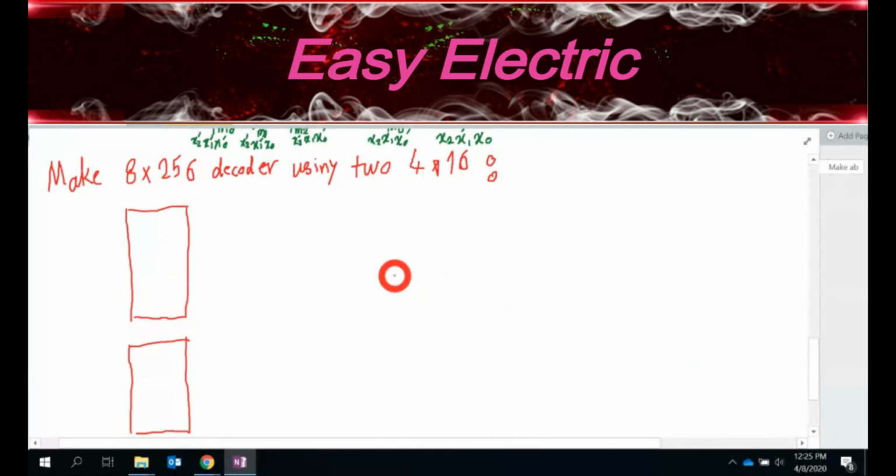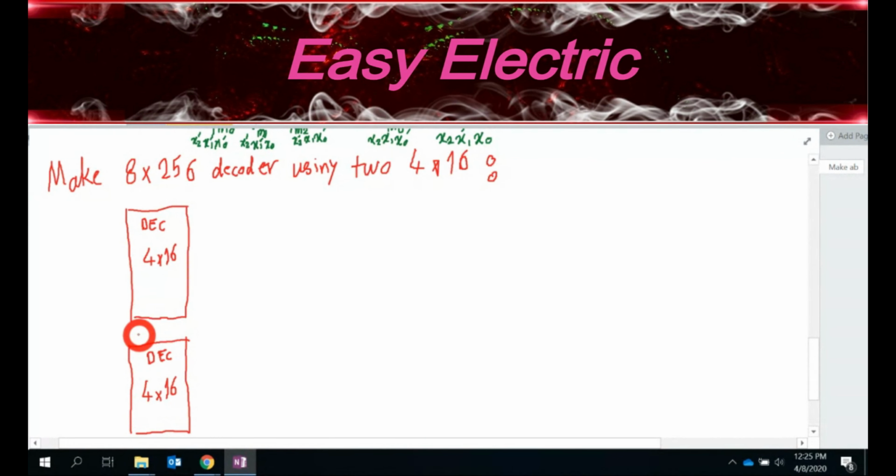We want to make one 8x256 decoder using two 4x16. So that means the tools that you have are decoders. It is 4x16. So this again is a decoder. This is again 4x16.